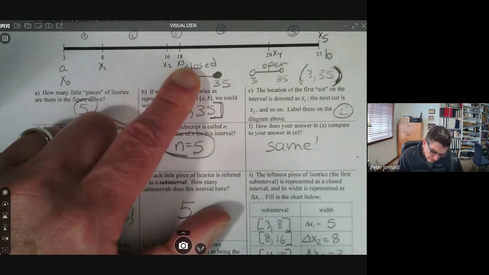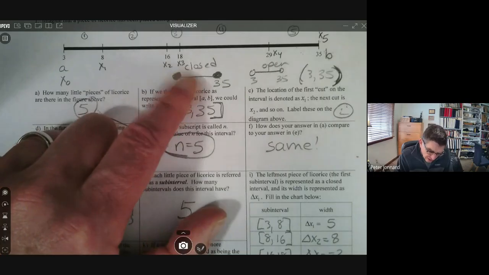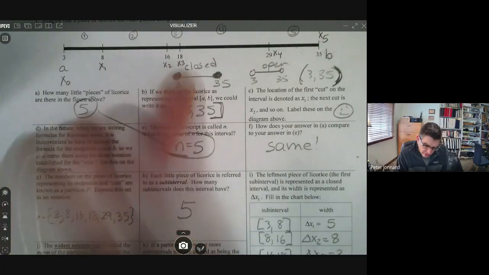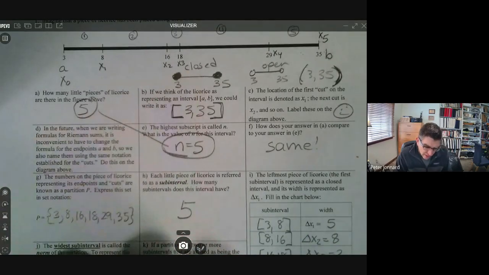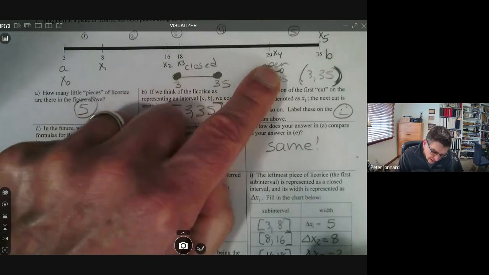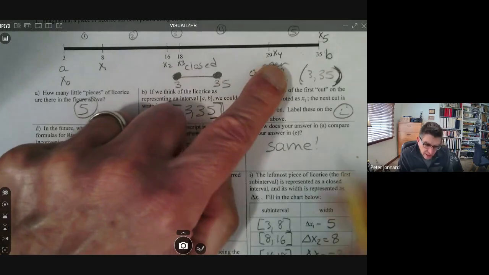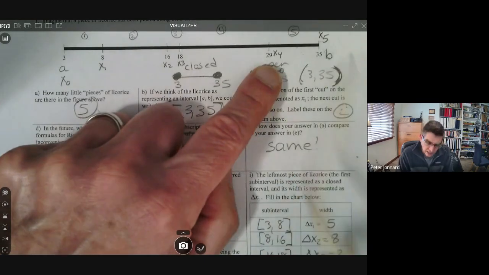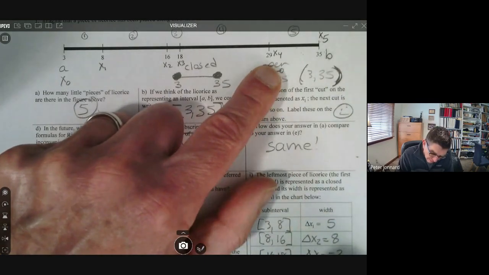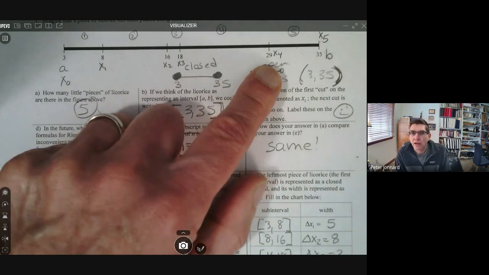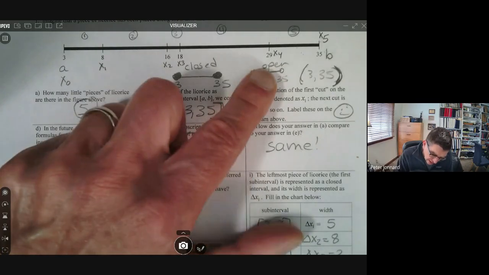And then the fourth subinterval goes from 18 to 29. So the fourth subinterval, what is that, 11? Okay, and then finally, the last subinterval is from x sub 4 to x sub 5. So 29 to 35. And that is the fifth subinterval's width. And that is what, 6.